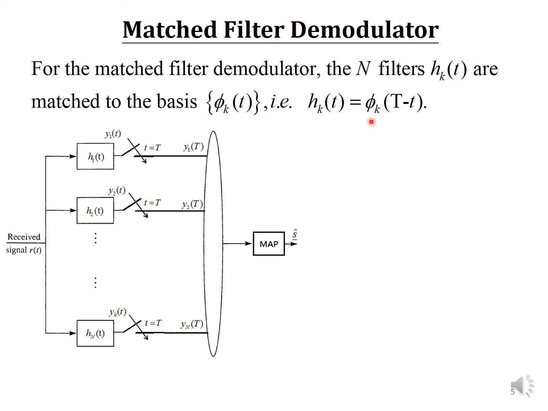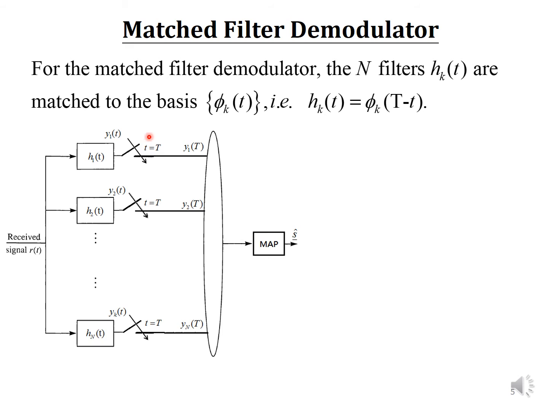That is phi_k(T minus t), the causal matched filter. At the matched filter output, we take the sample at t equal to capital T.